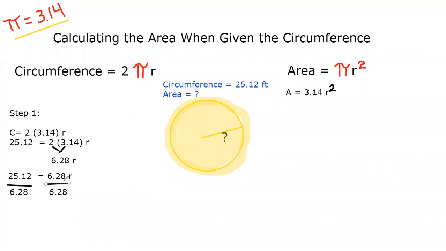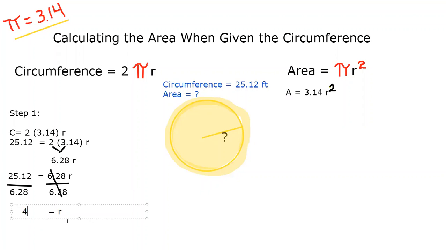That's going to allow me to cancel out the 6.2800 on one side, leaving me with R. And then I'm going to divide 25.1200 by 6.2800. When you divide those, you're going to find out that your radius is equal to 4.